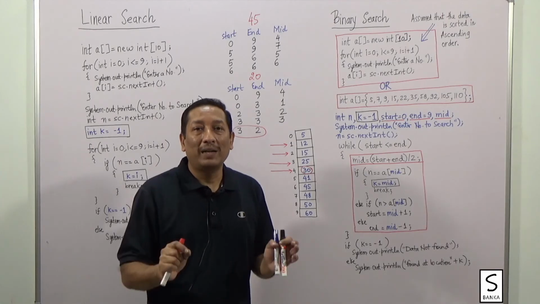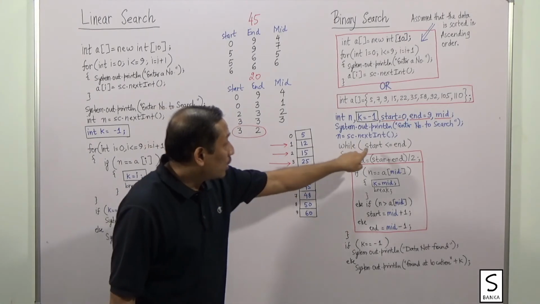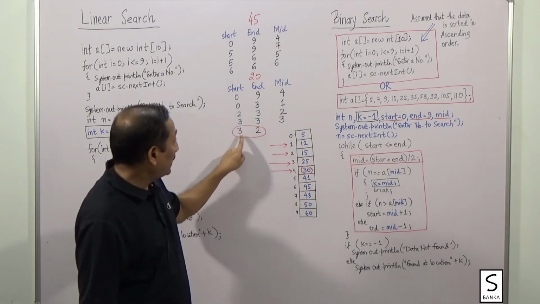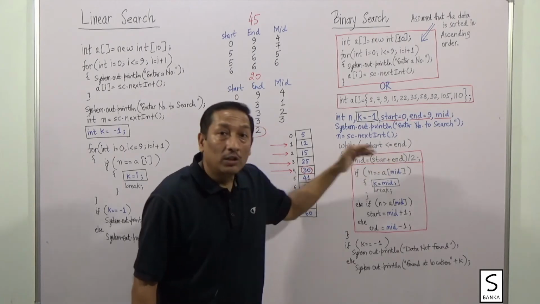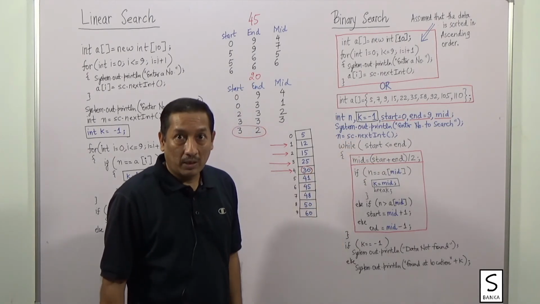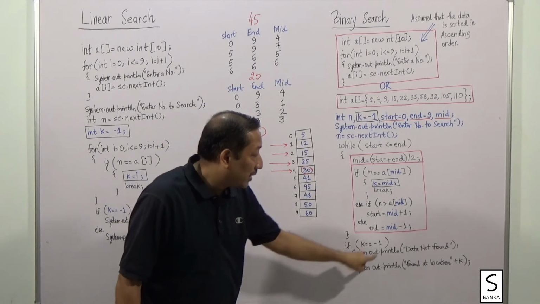So you need to print data not found. Because of this condition, the moment start becomes 3 and end becomes 2, the loop will terminate and the value of k will remain -1, and it will print data not found.